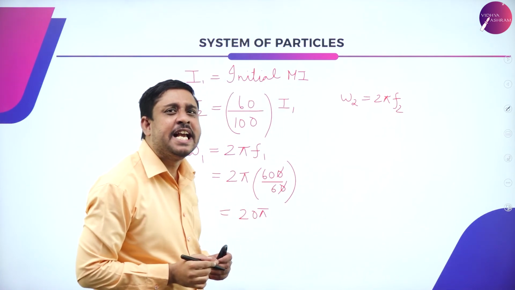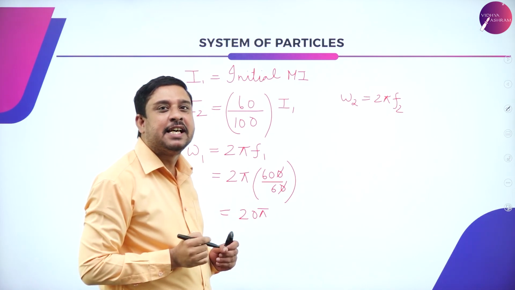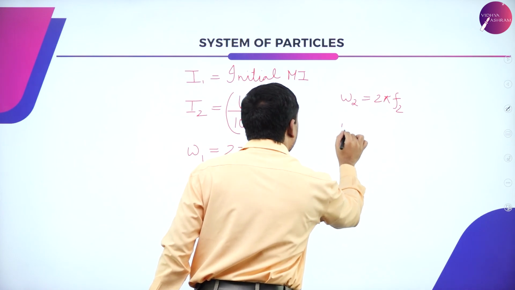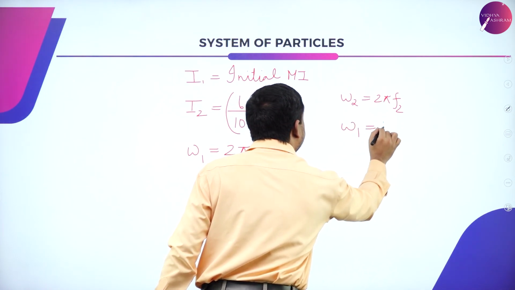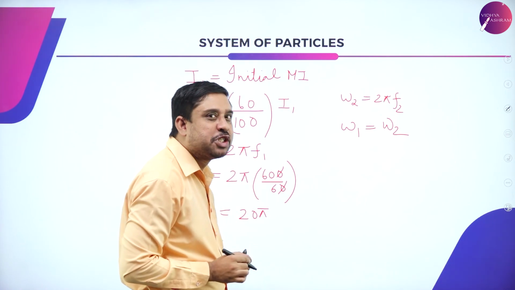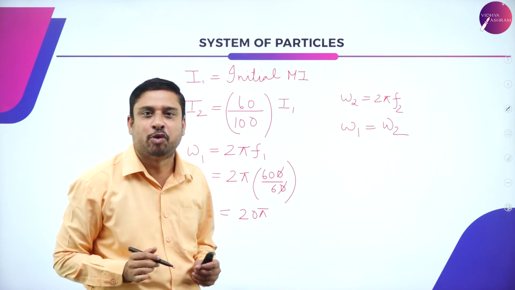Now, how will I find f2? By the law of conservation of angular momentum, I1 omega 1 is equal to I2 omega 2. Substitute, you will get the answer for f2.